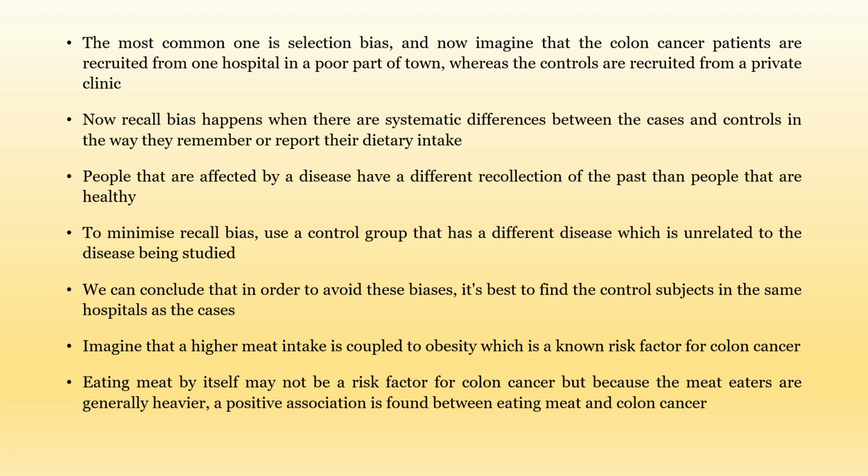Imagine that a higher meat intake is coupled to obesity, which is a known risk factor for colon cancer. Eating meat by itself may not be a risk factor for colon cancer, but because the meat eaters are generally heavier, a positive association is found between eating meat and colon cancer.